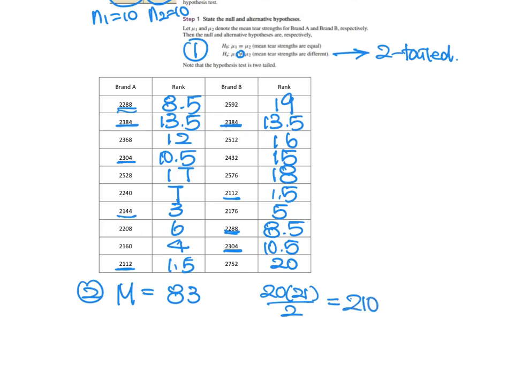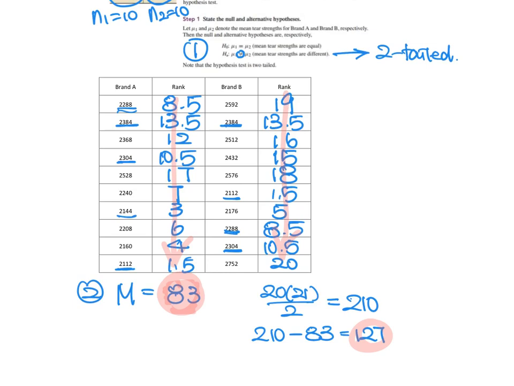So the other rank sum must be 210 minus 83, that is 127. You can check by yourself: one sum is 83 and the other sum is 127. But we are going to take the rank sum from sample number 1 as the test statistic.